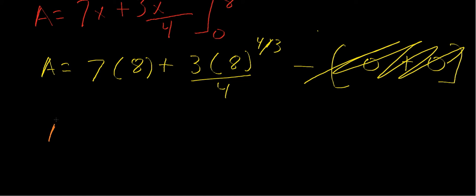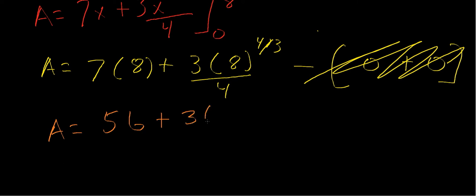We get our area equals 7 times 8 is 56 plus, when solving this over here, I first look at what's the cube root of 8. Doesn't matter the order you do this. So what's the cube root of 8? Well, that's 2, because 2 times 2 is 4 times 2 is 8. What's the cube root of 8 to the 4th power? So what's 2 to the 4th power? 2 to the 4th power is 2 times 2 is 4 times 2 is 8 times 2 is 16.